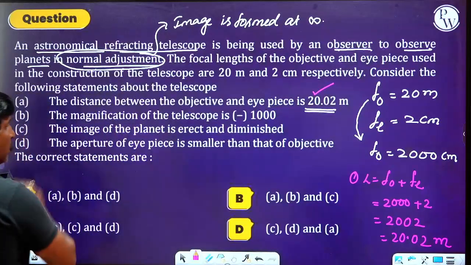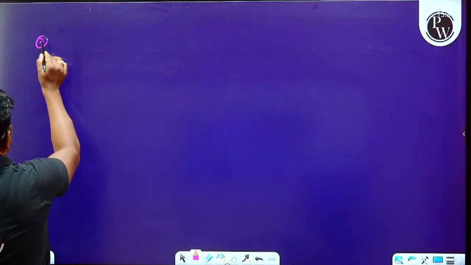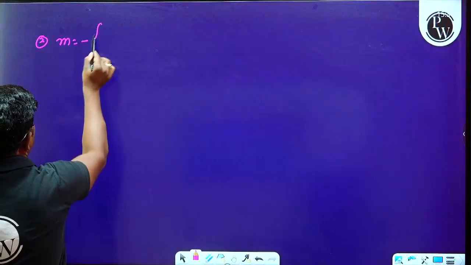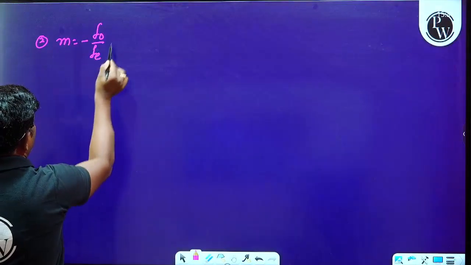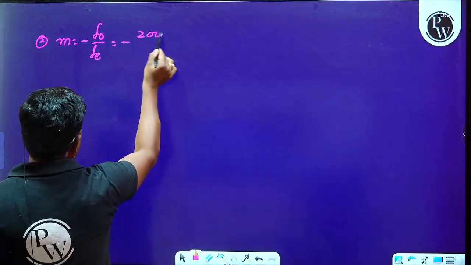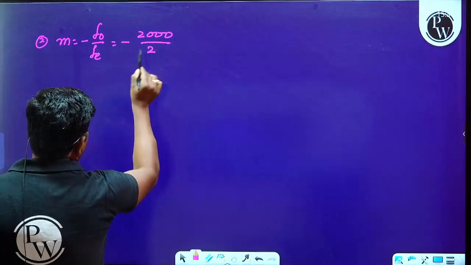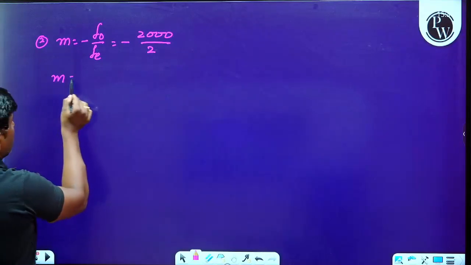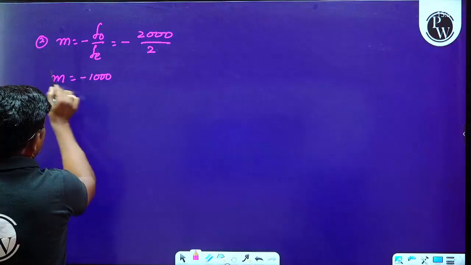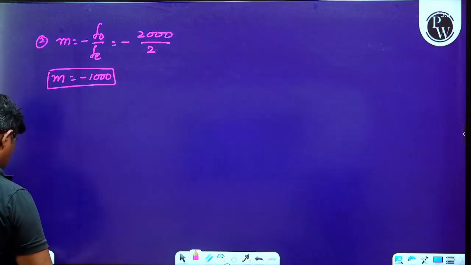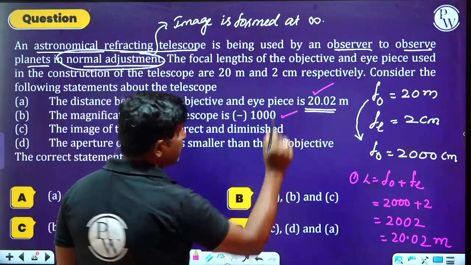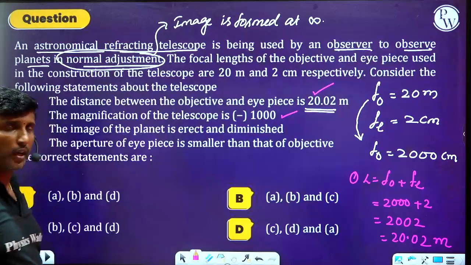Please check it here. Second one, magnification is equal to minus fo divided by fe. Minus fo is 2000, fe is 2. Therefore, magnification is equal to minus 1000. Hence, we can select statement B also as a right one.